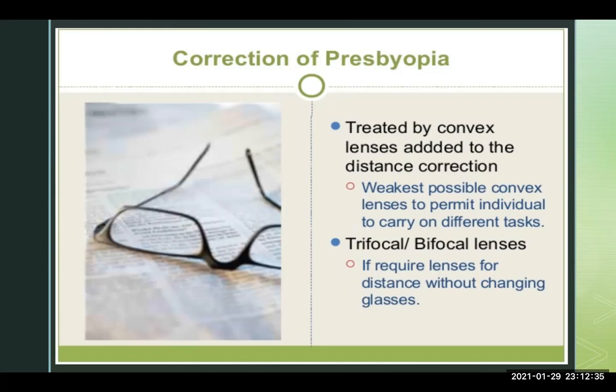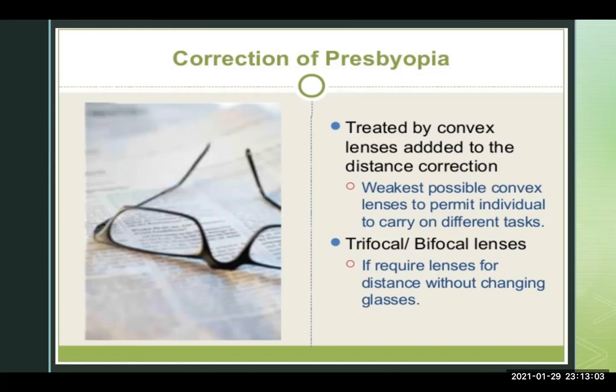If there is a refractive error for the distance, this patient will use the correction for the distance, and then there is an add. A correcting convex lens will be added to the distance correction, the weakest possible convex lens to permit the individual to carry on different tasks.